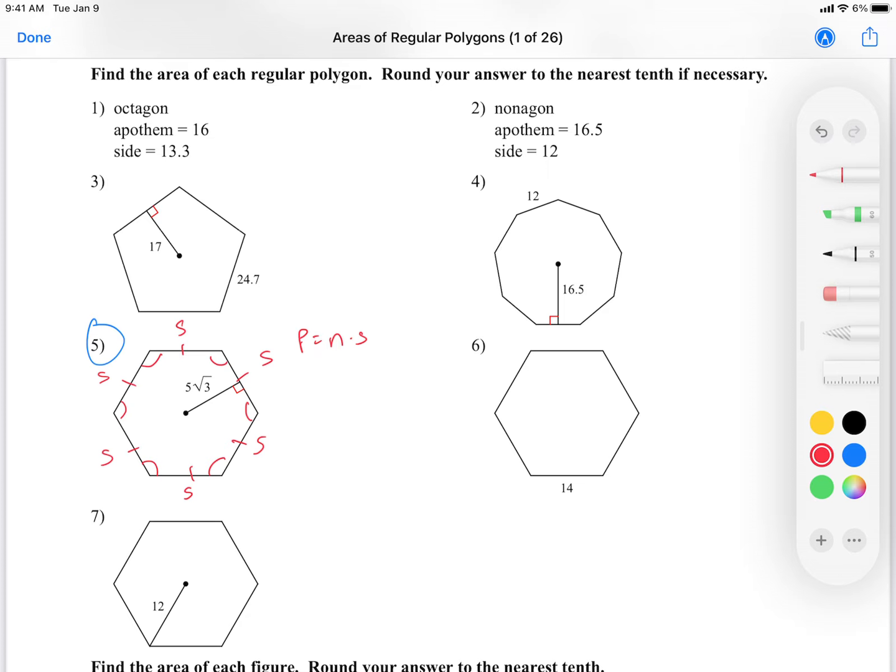And n is the number of sides, s is side length, and p is equal to perimeter. And that's good and all. But how does that help us with the area?